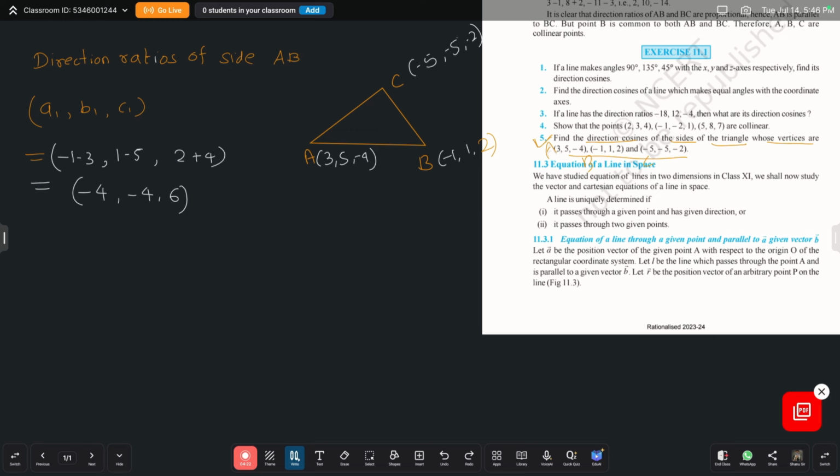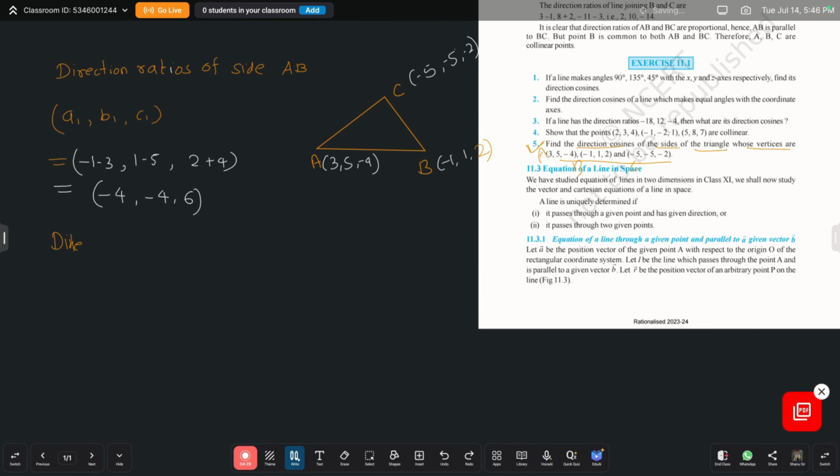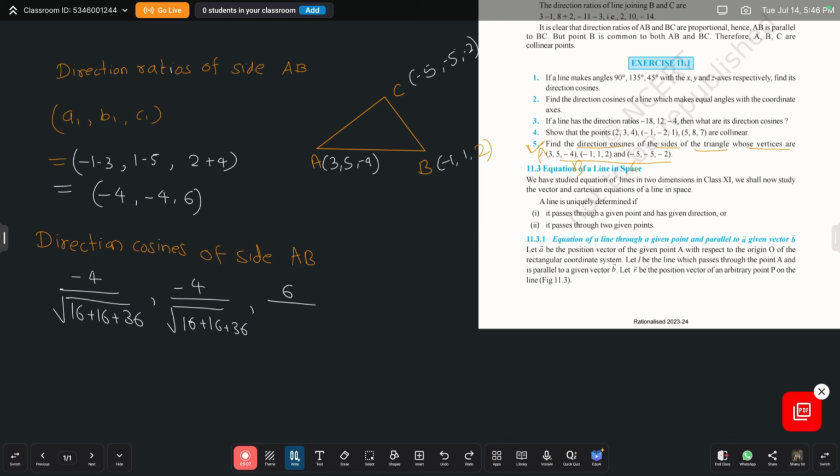Then you need direction cosines. How to get direction cosines? The direction cosines of side AB will be -4 upon root over (-4) squared 16, (-4) squared 16 and 6 squared 36, comma -4 upon the same root, comma 6 by root of 16 plus 16 plus 36.